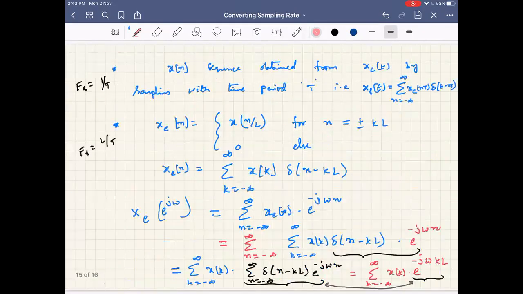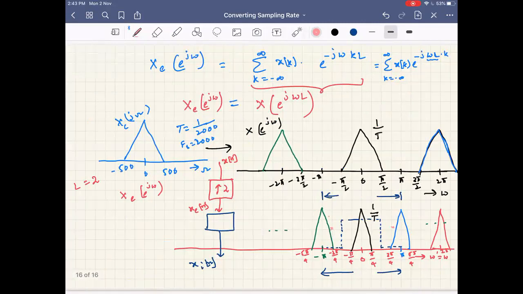Now this spectrum itself is the expanded spectrum when compared to the upsampled spectrum. So the filter should capture the range minus pi to pi in the X of e power j omega, and that should be the criterion for selecting the cutoff frequency of the low pass filter.